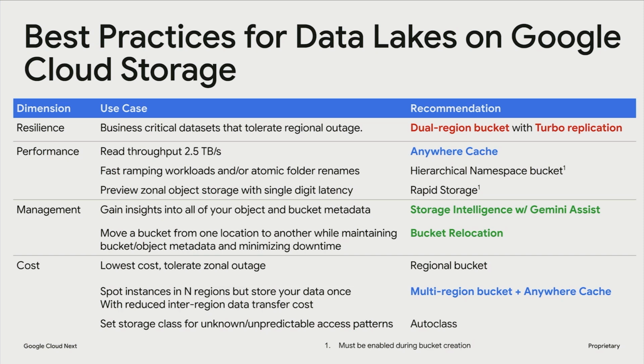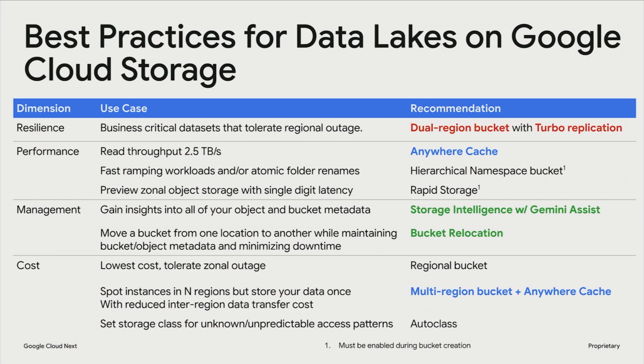And speaking of cost, we talked about how Autoclass can help you manage the cost. We talked about how you can use multi-region and Anywhere Cache to help reduce your TCO, because it can help you save so much money from your compute side and from your data egress cost.